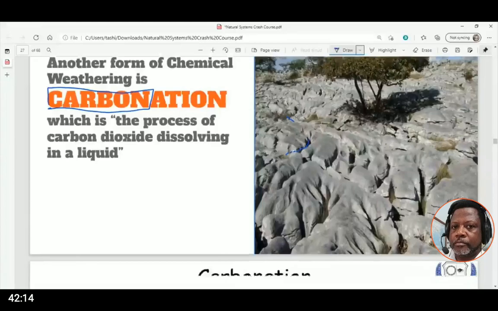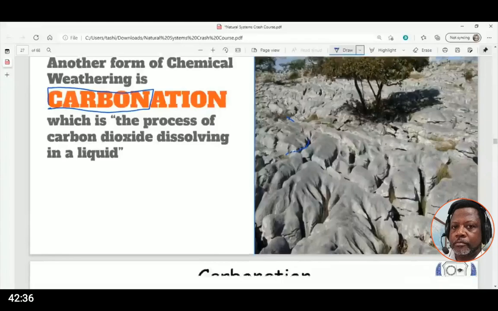The calcium in the limestone rock is easily acted upon and reacts well with the carbon that is in the rainwater. So the carbon dioxide in the air, rain falls, the rain absorbs the carbon that's in the air, and this reacts very well with the calcium that is in the limestone rock.